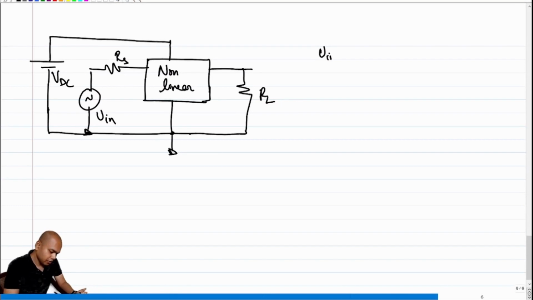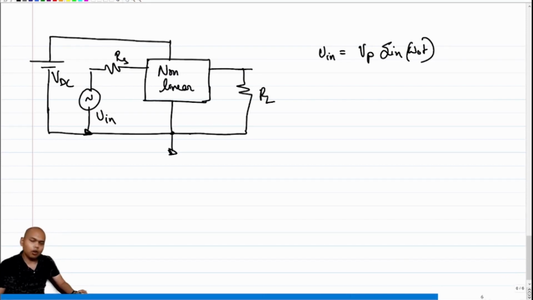Let's say V in is Vp sine omega naught t. Note that this is a non-linear network. Since this is a non-linear network, we cannot use superposition, which means we'll have to take the effect of both the sources into account simultaneously.